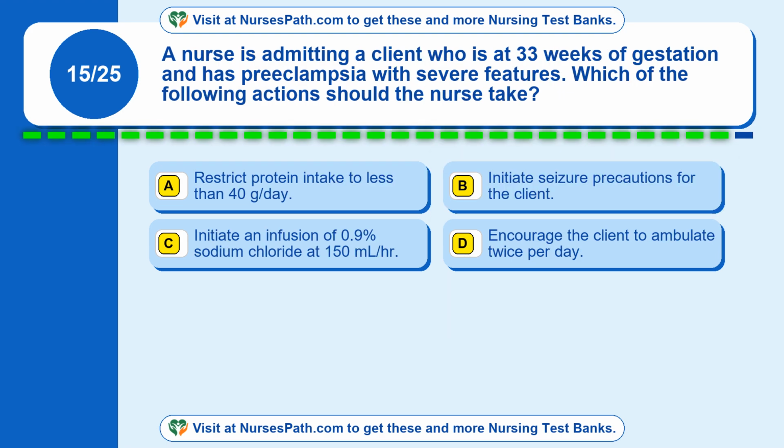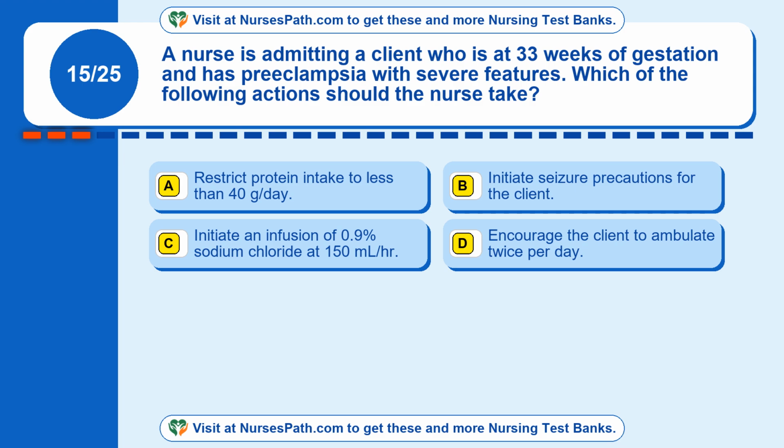Question 15. A nurse is admitting a client who is at 33 weeks of gestation and has preeclampsia with severe features. Which of the following actions should the nurse take? Option A. Restrict protein intake to less than 40 g/day. Option B. Initiate seizure precautions for the client. Option C. Initiate an infusion of 0.9% sodium chloride at 150 ml/hr.